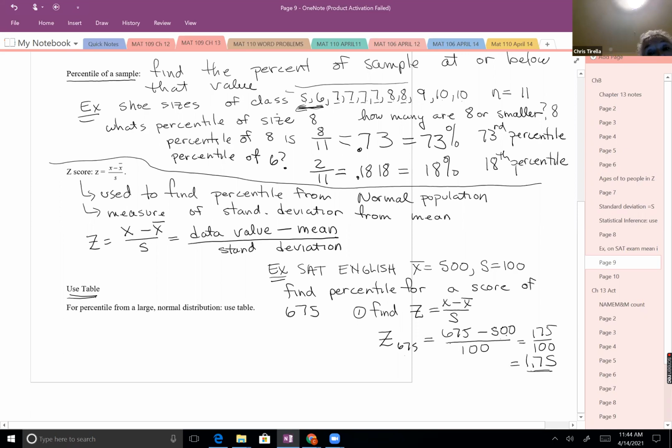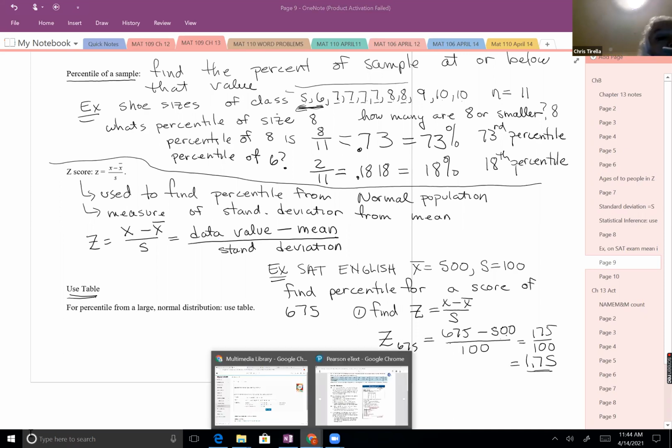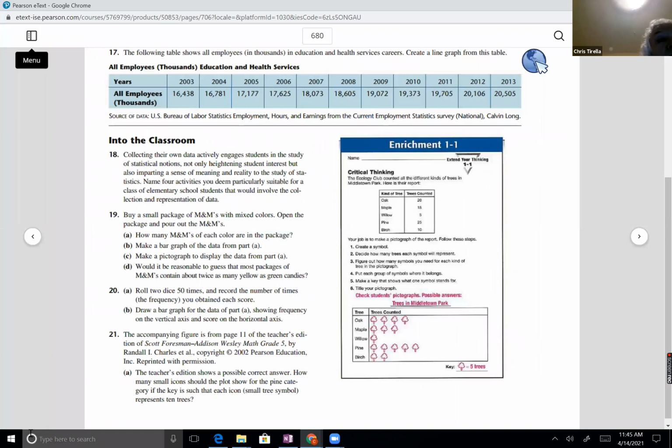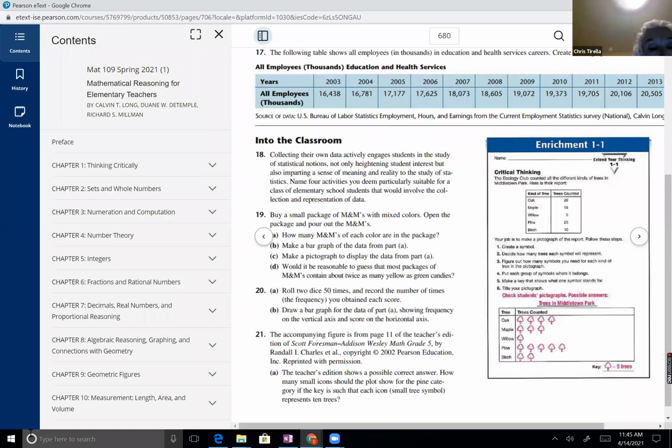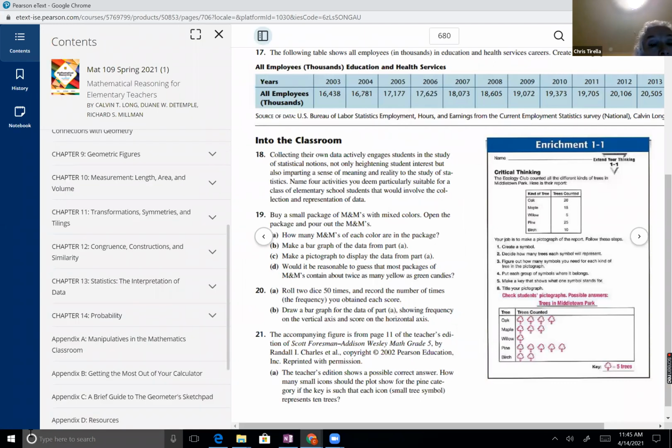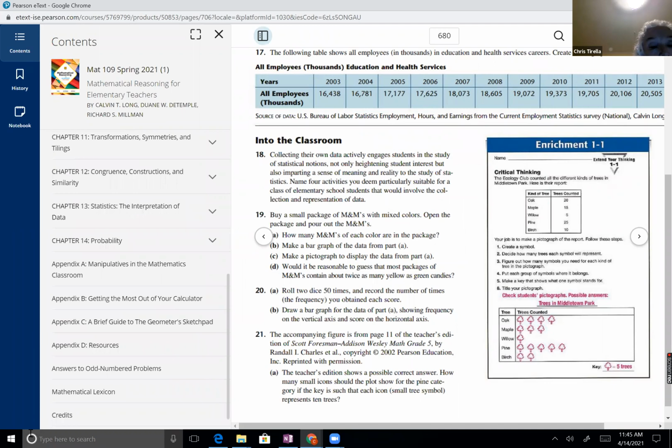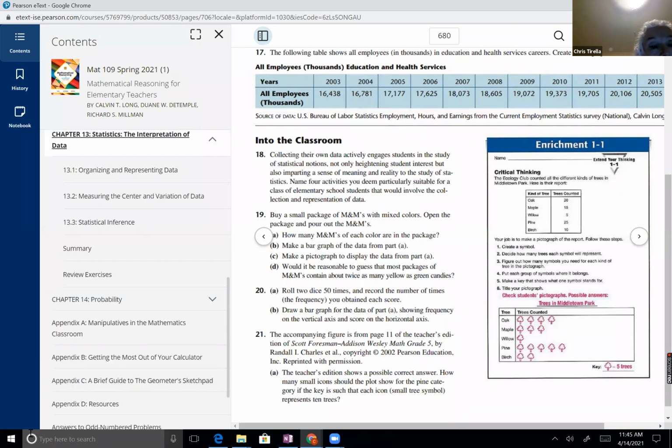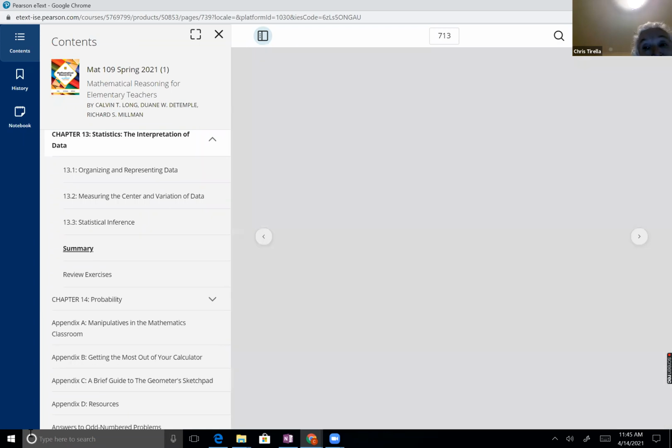To find the percentile, I'm going to use a table. For you folks, that table is in your textbook. Let's go to contents. Here we are. Chapter 13. It is at the end of the chapter. I think it's right near the chapter summary. I have to apologize.